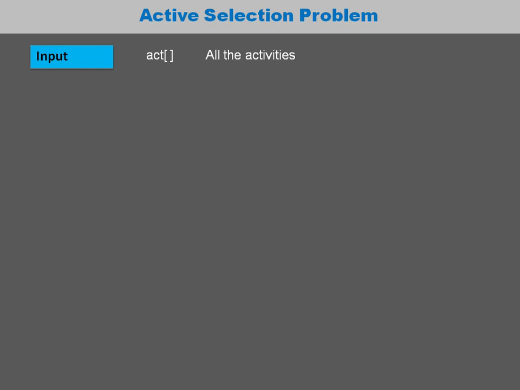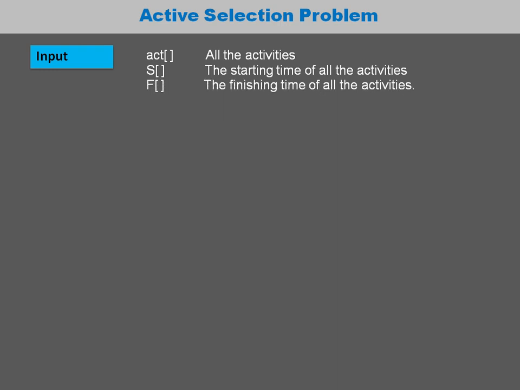This input will consist of a set of activities, which for simplicity we write as an array. The starting times of all the activities are given in the S array, and the finishing times of all the activities are given in the F array.